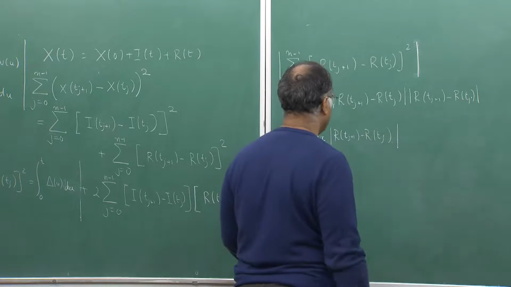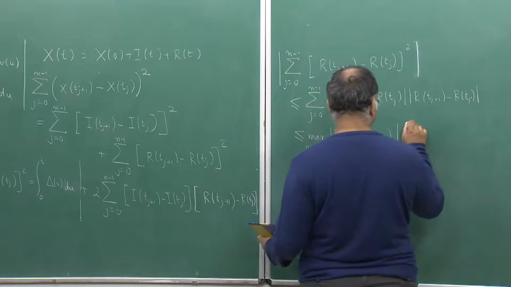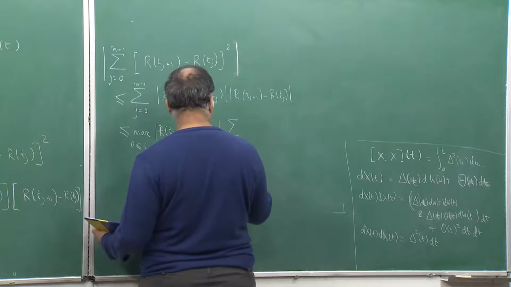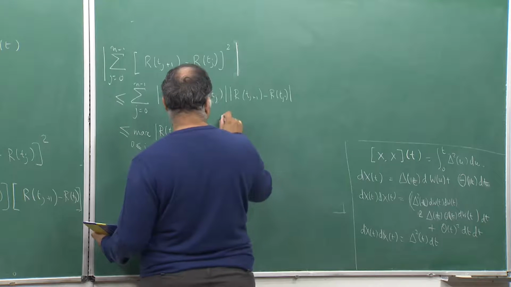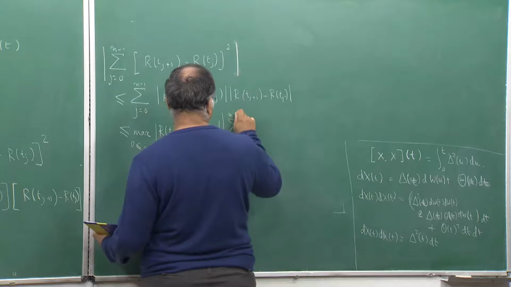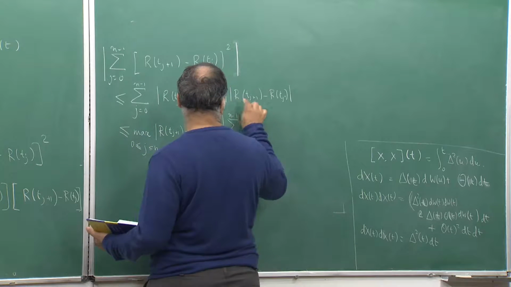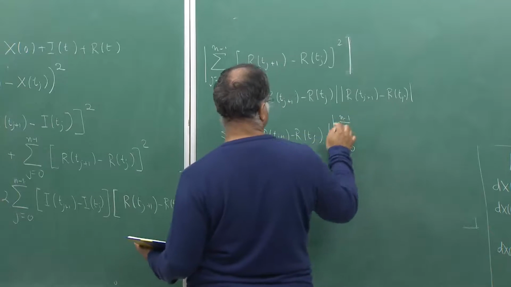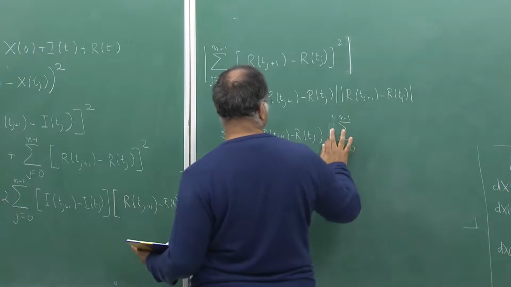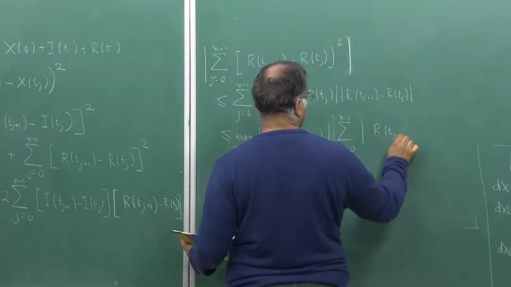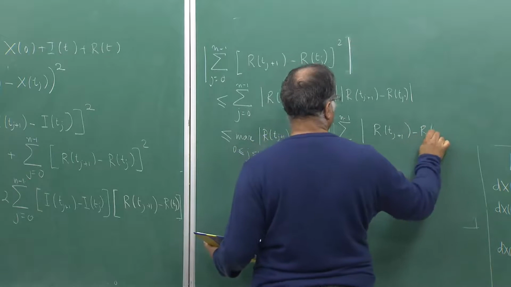summation. I can write the whole thing as this one, summation n minus 1, this sum goes out and you have sum of r tj plus 1 minus r tj.